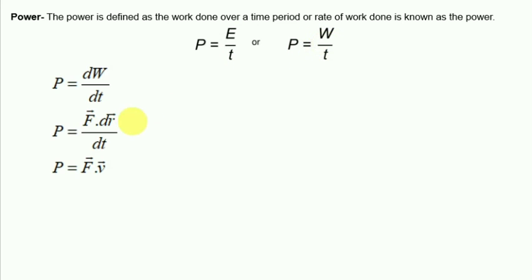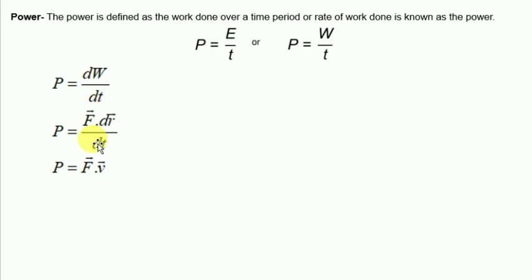Now lastly we will see power. Power is the rate of work done, and it is also defined as the work done over a time period. It is generally expressed as E by t or W by t, where E is energy and W is work done. So P equals dW by dt.